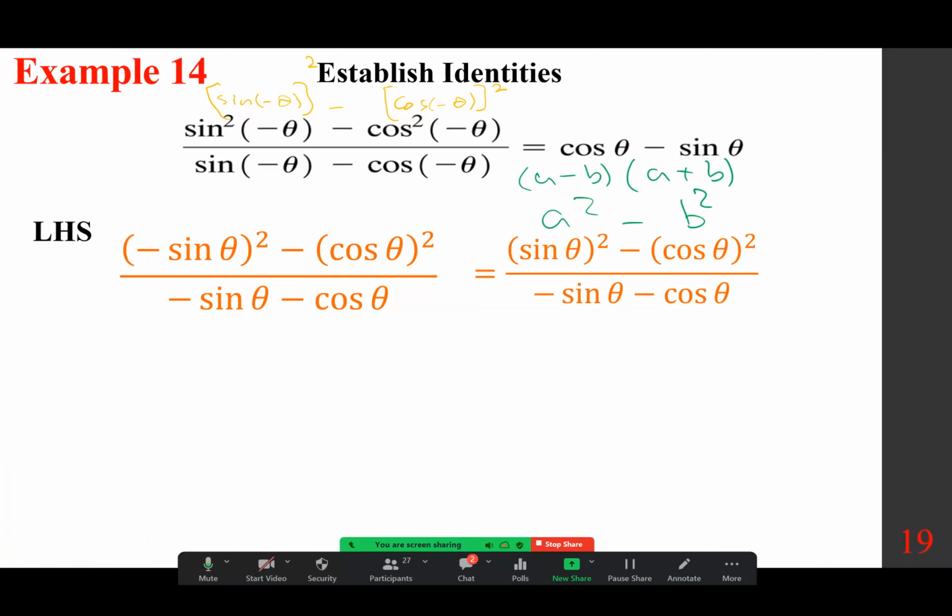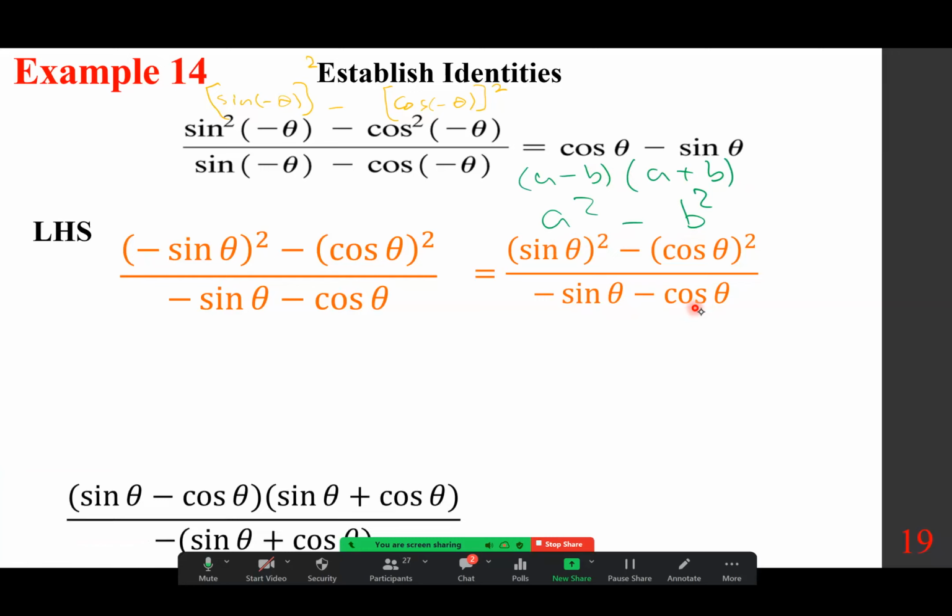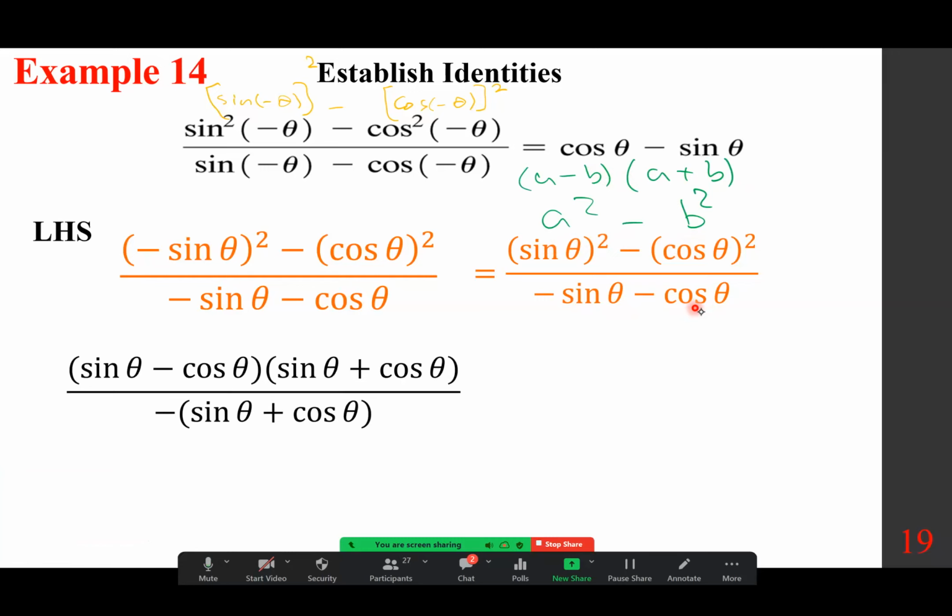So the numerator is sine theta minus cosine theta times sine theta plus cosine theta. And the denominator, just take the negative sign out. So simply put, factoring is the key. So we have sine theta minus cosine theta in the numerator. We have negative 1 in the denominator. So basically everything changes.